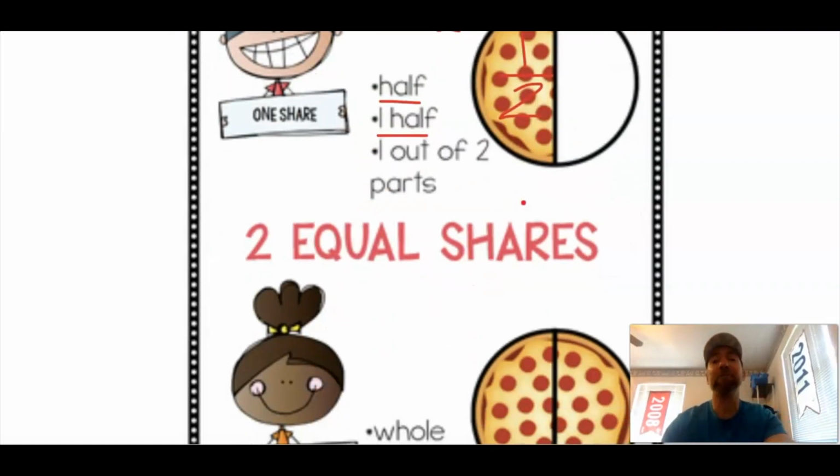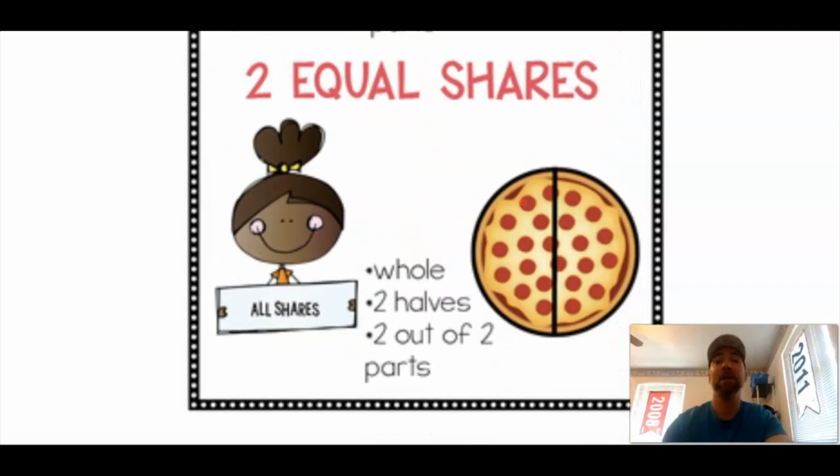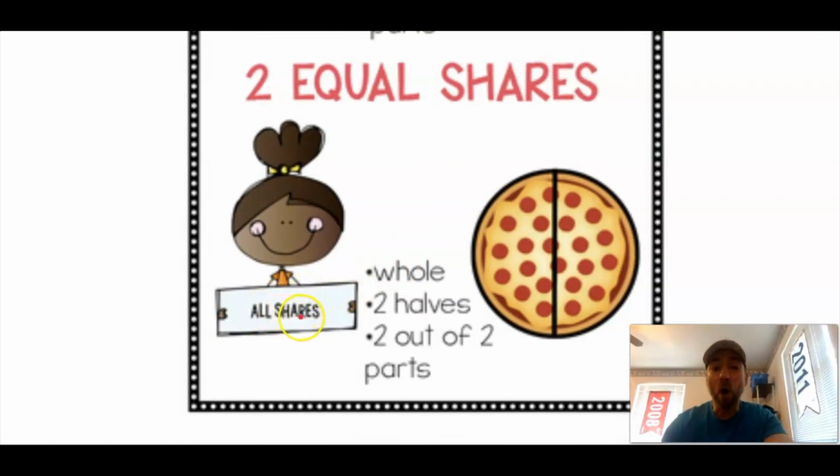Now, if I have two equal shares, I have all the shares. I have the whole thing. 2 halves. 2 out of 2 parts. So this part of my pizza is 1/2.